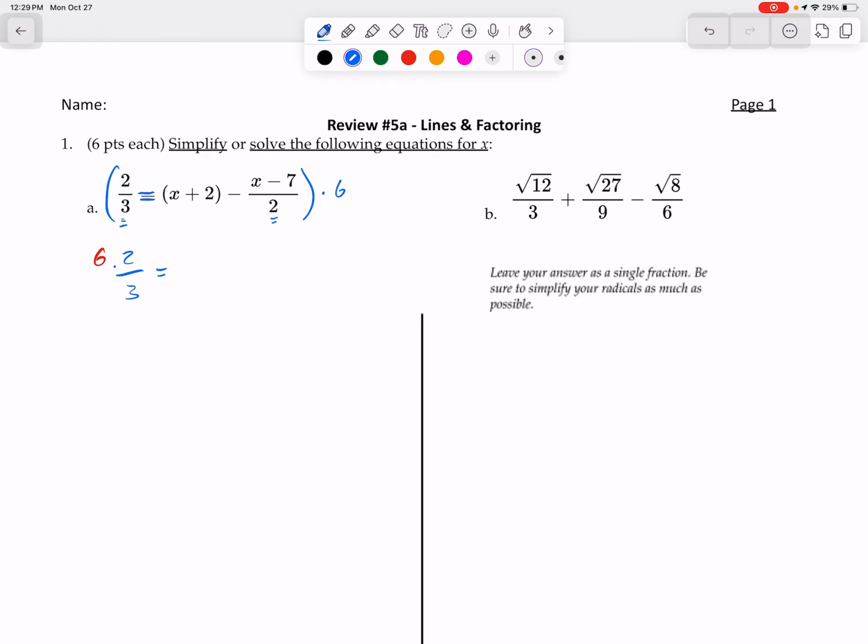So I get 6 times 2/3 equals 6 times, well, let's make the 6's in red just so they stick out, x plus 2 minus 6 times x minus 7 over 2.